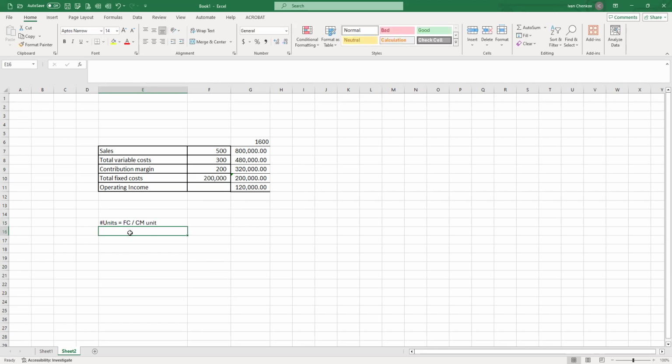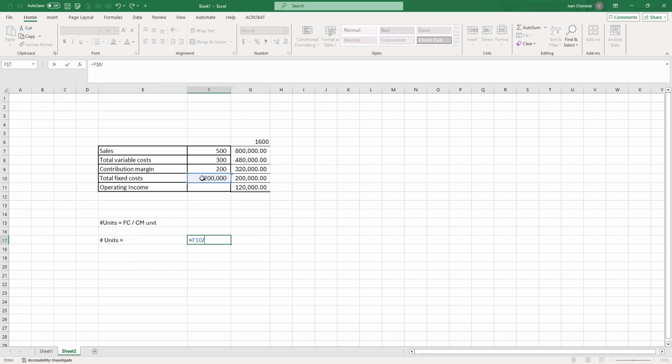So I have my contribution margin per unit, which is 200, and I have my fixed cost, which is 200,000. So what I have to do is just apply the formula, which is the number of units equal to this number divided by that number.